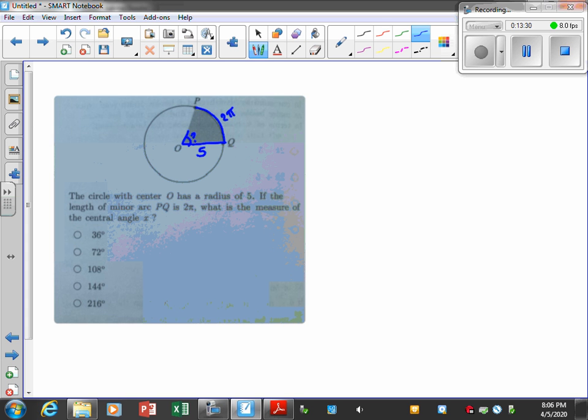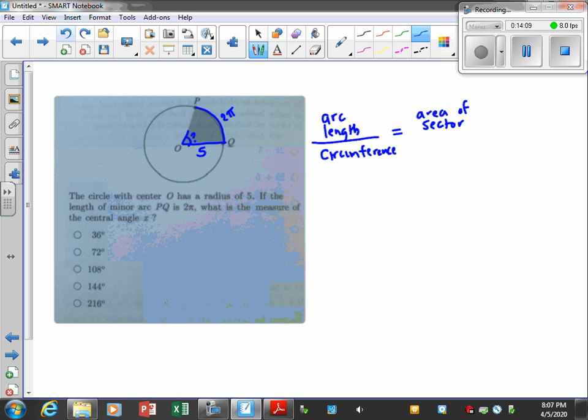Now we're going to have to use some proportions, and this is just to keep in mind. We have arc length. This is just some relationships. Arc length over circumference is equal to the same thing as if you have your area of a sector over area of a circle.